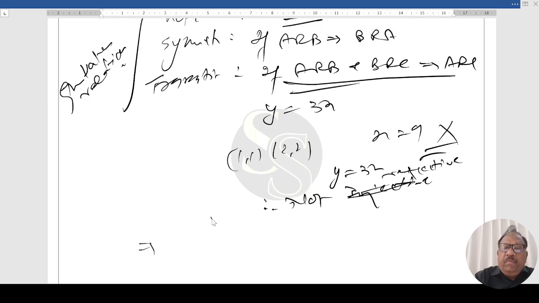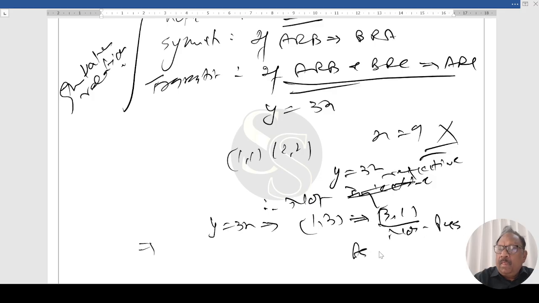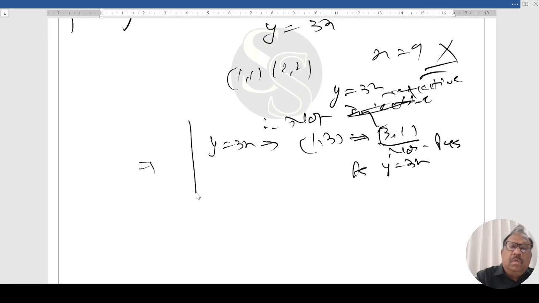Then, if y equals 3x means (1, 3), then it should be (3, 1), which is not possible, as y equals 3x would require 9. Therefore, not symmetric.